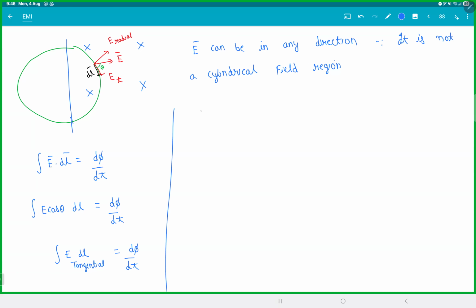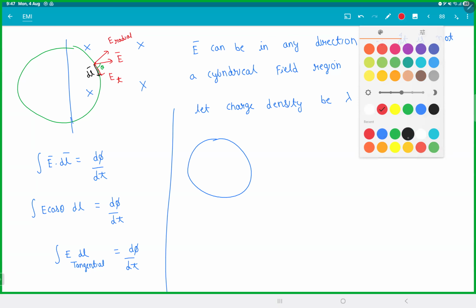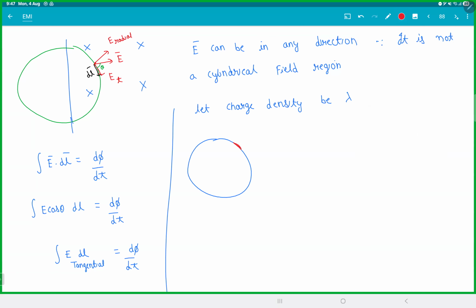Let the charge density be lambda. So on this ring, take a small piece here, dL. And on the small piece dL, we are taking E tangential.